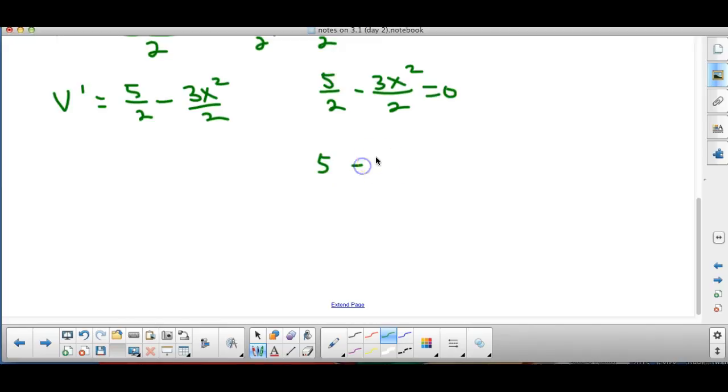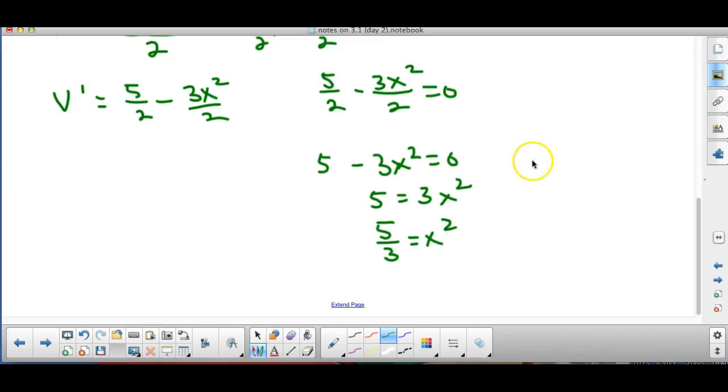I'm going to clear the fractions to begin with, multiplying everything by 2. And then I'm going to have 5 equal 3x squared. Dividing by 3, I have 5/3 is equal to x squared. So that means that x is equal to either plus the square root of 5/3 or negative square root of 5/3.